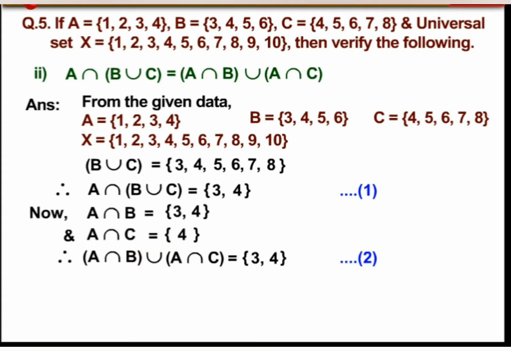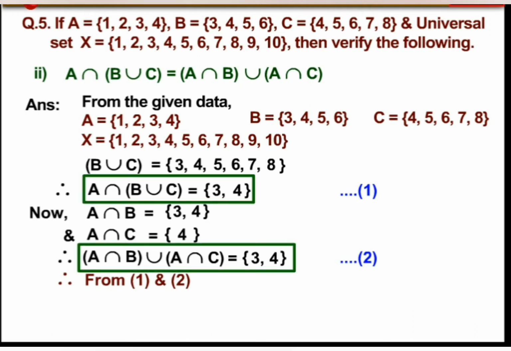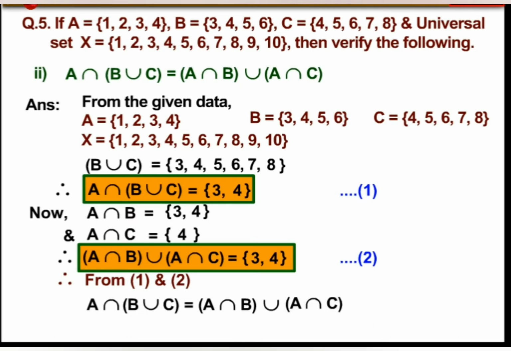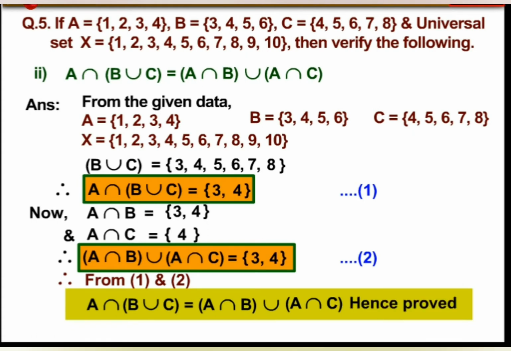Let this be equation number 2. Therefore, from equations 1 and 2, A ∩ (B ∪ C) is equal to (A ∩ B) ∪ (A ∩ C). Hence proved.